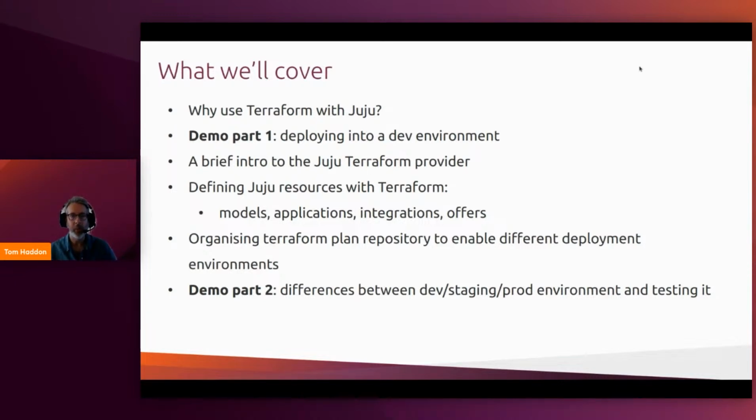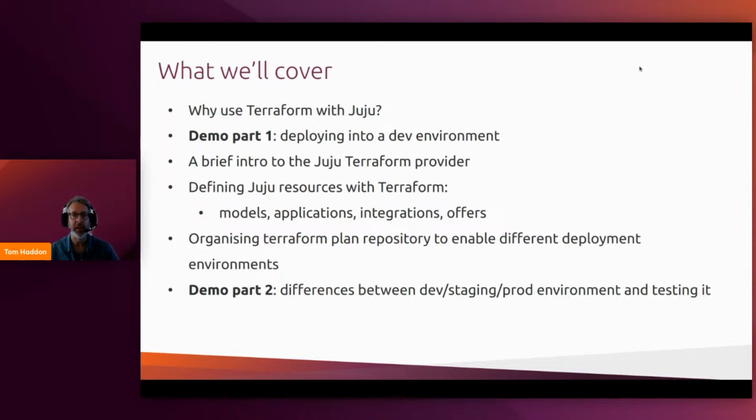While that's running, we'll then jump back to taking a look at the Juju Terraform provider in a bit more detail, then defining some of the resources that you would need to use with Terraform and Juju, specifically models, applications, integrations, which are the connections between different applications, and offers, which are, so if you have multiple models and you want to connect applications across those models, you can use offers to do that.